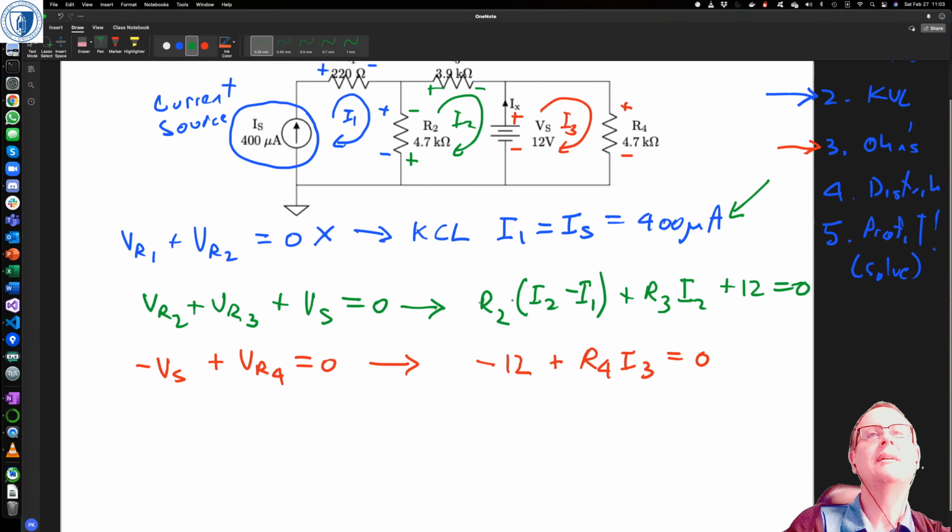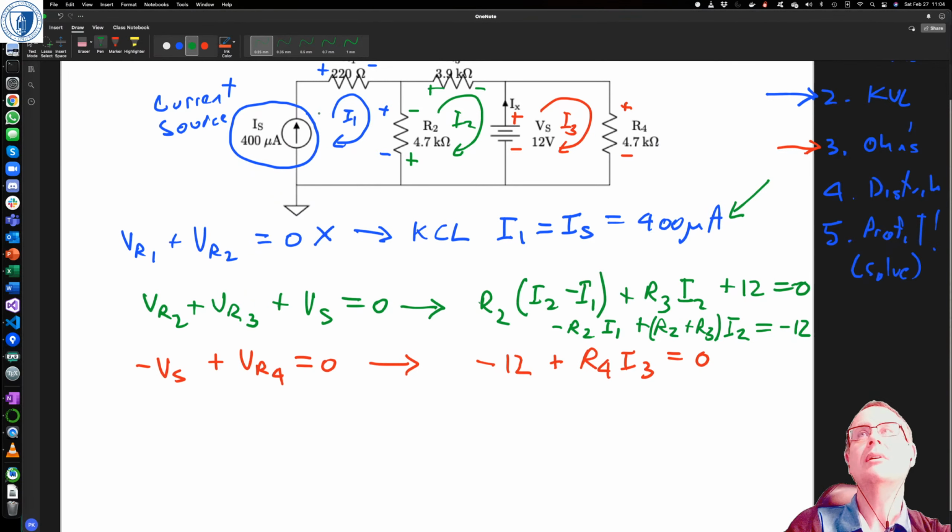For this one we get minus R2 I1, plus R2 plus R3 I2, and I'll take the constant over the other side, and then there's not really anything to distribute here, so it's just R4 I3 equals 12.